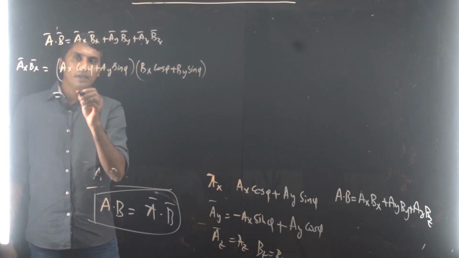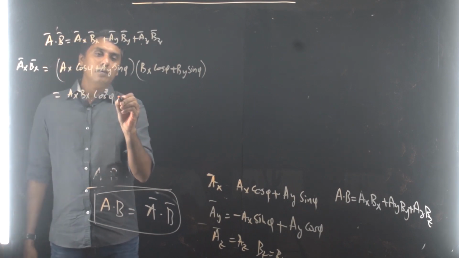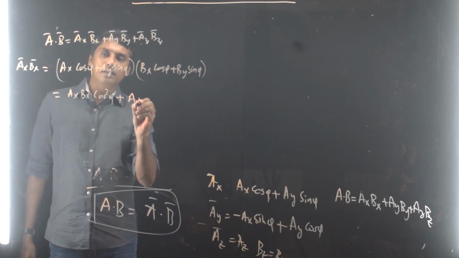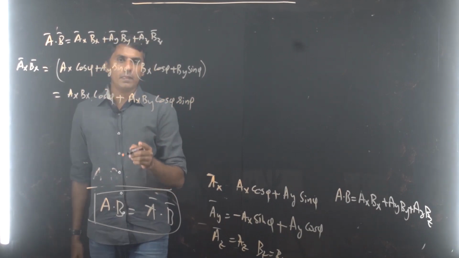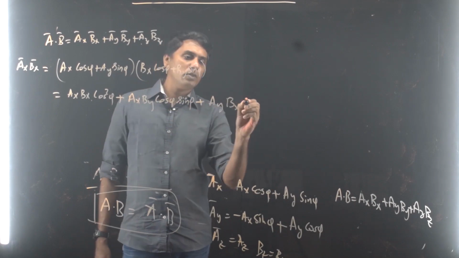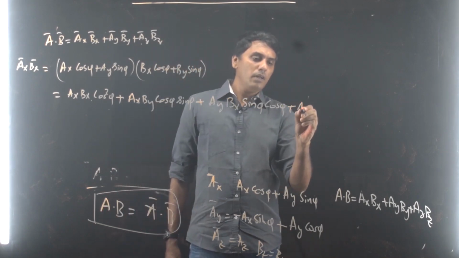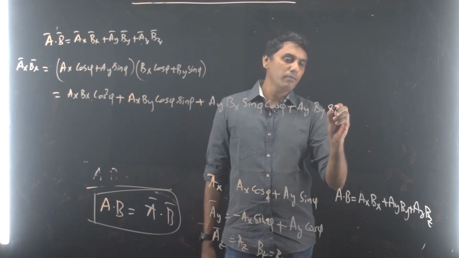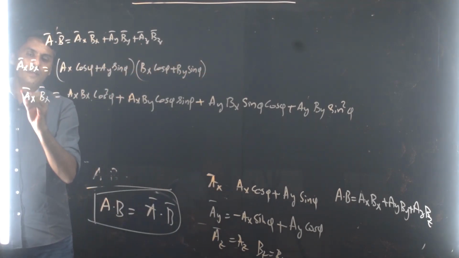That is equal to Ax Bx cos square phi plus Ax By cos phi sin phi plus Ay Bx sin phi cos phi plus Ay By sin square phi. Okay, this is Ax bar Bx bar.